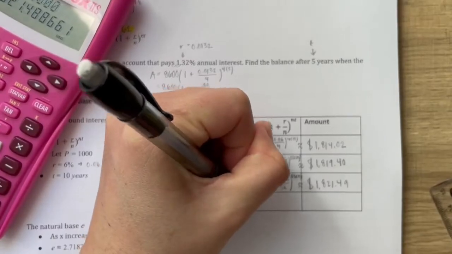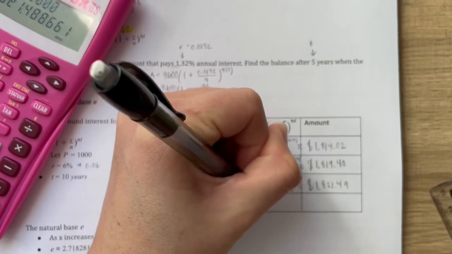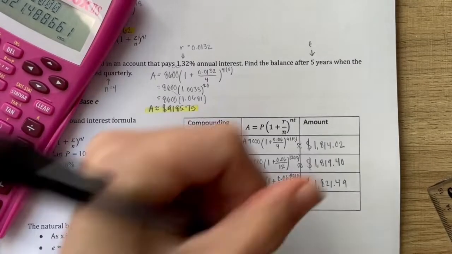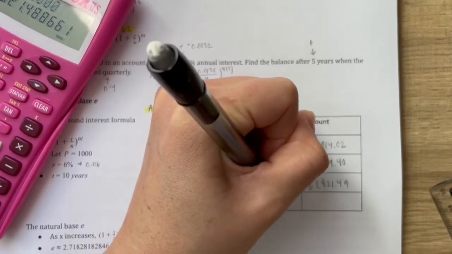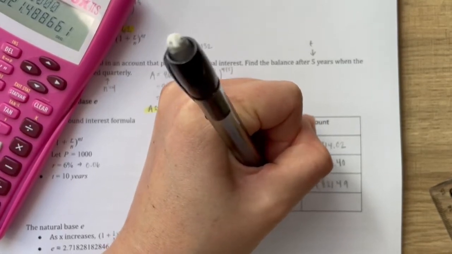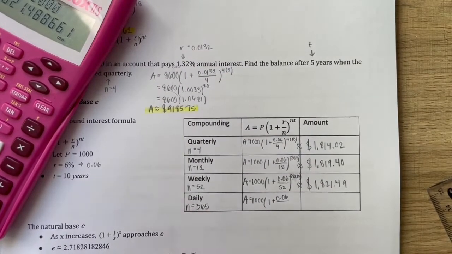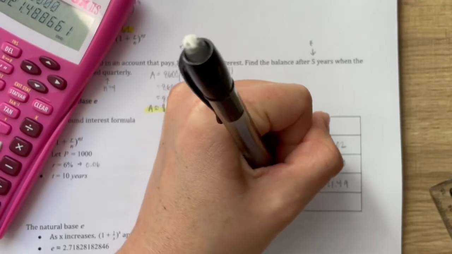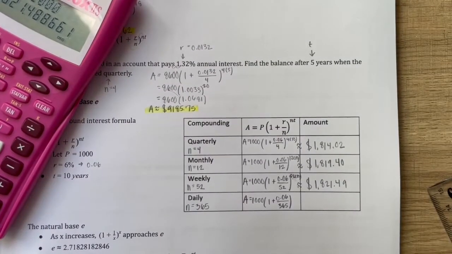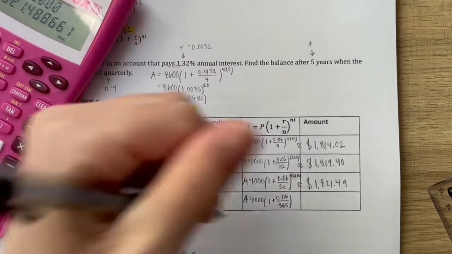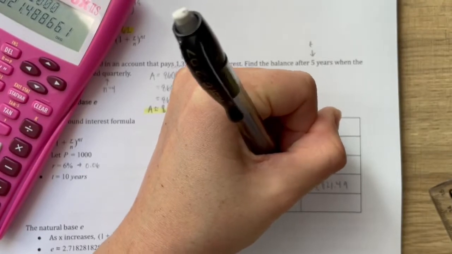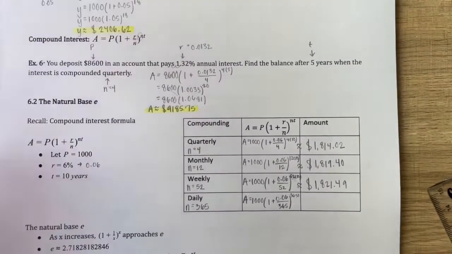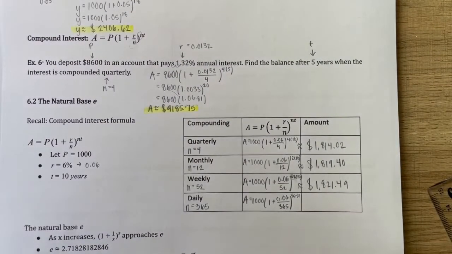So A equals 1,000, we're still starting with the same amount, times 1 plus R over N, so R is the same, 0.06, over N, which in this case is 365, raised to the 365 times 10. So, or times T, so 10, and then just to save space, I'm just going to write it as 3,650. So when we multiply 365 by 10, we're just going to add a 0 at the end.